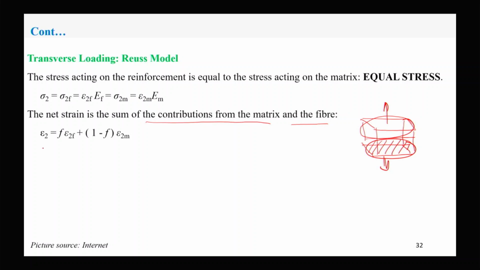So here total strain epsilon 2 in the transverse direction is, this is strain on fiber and here is the strain on the matrix. It's basically with the proportion of fiber volume fraction. Okay.